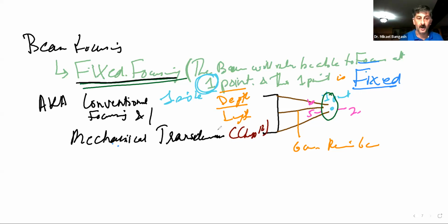And when we end up talking about how this mechanical transducer focuses its beam, what we'll say again is that as this transducer is going to have a fixed focal point, or has fixed focusing, it can only focus at one point, or have one focal point, and that focal point is going to be fixed.